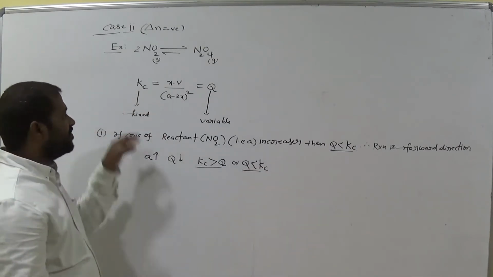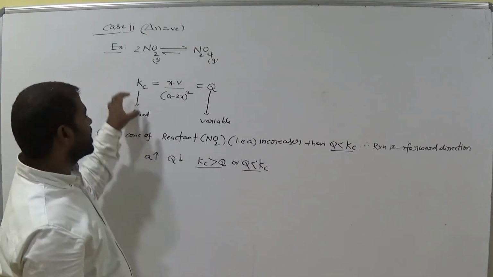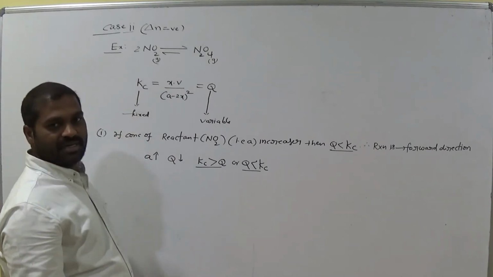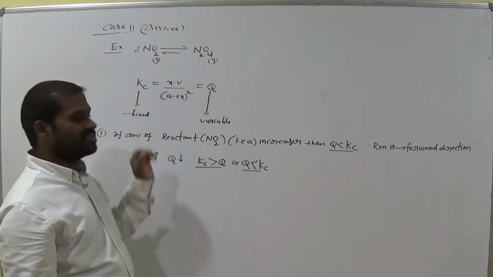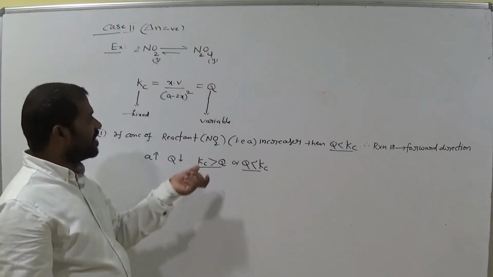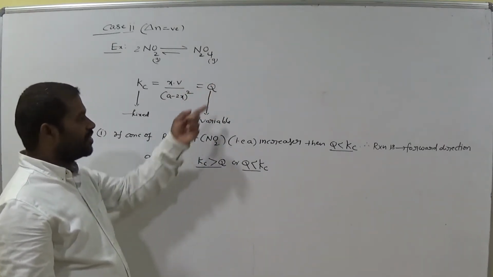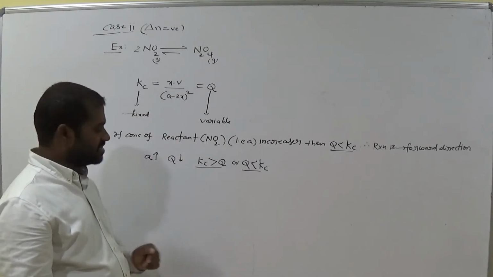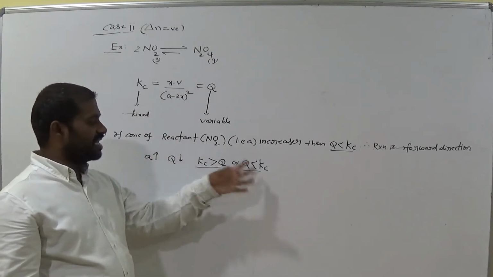Why? Because Kc is a fixed value. Suppose Kc is 10. At equilibrium both are equal, so this one is 10, this one is 10. If you decrease the value of Q, that means Q is less than 10, or not? Less than 10. So clearly Q is less than Kc.